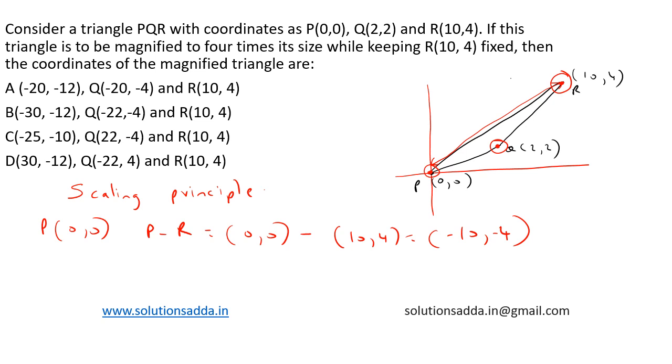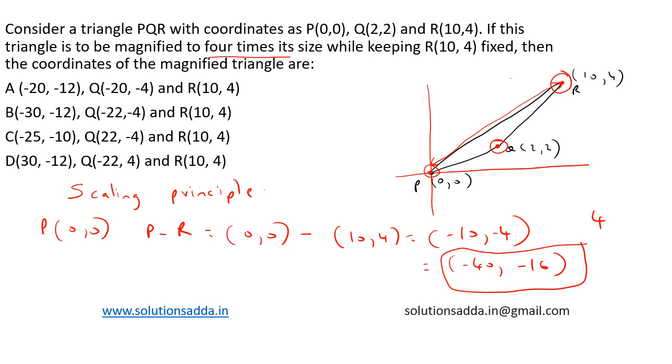Now we are magnifying it to 4 times. So we get our scaling factor as 4. We multiply it and get the result as (-40,-16).